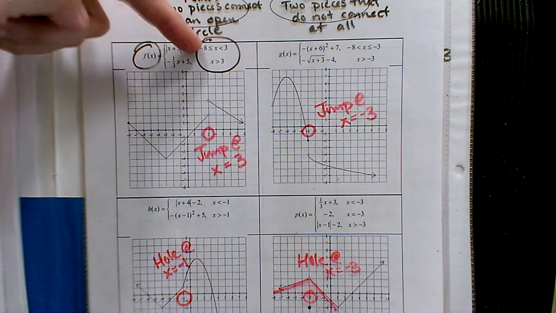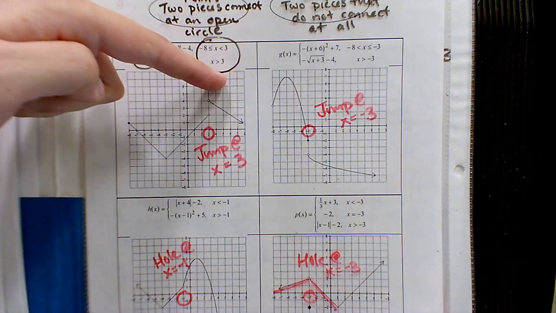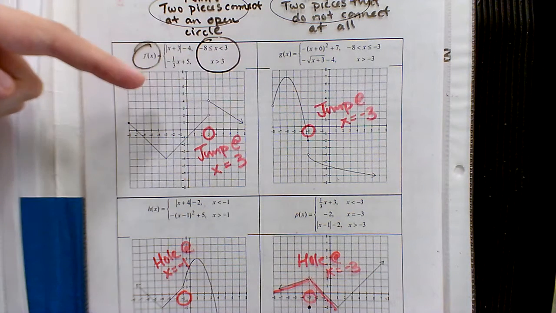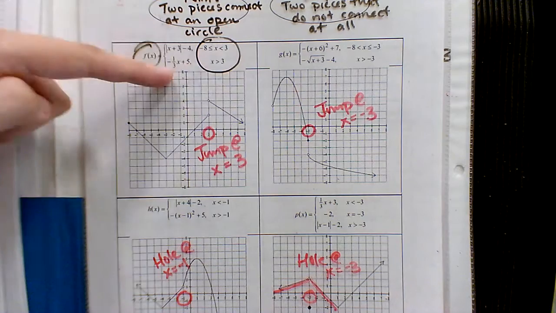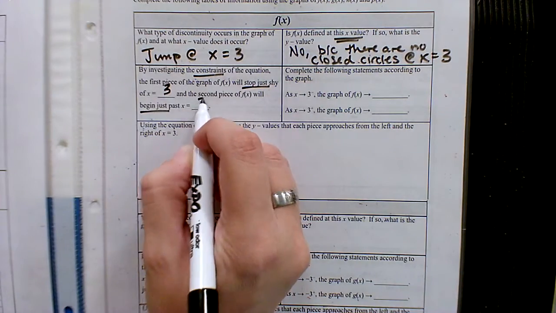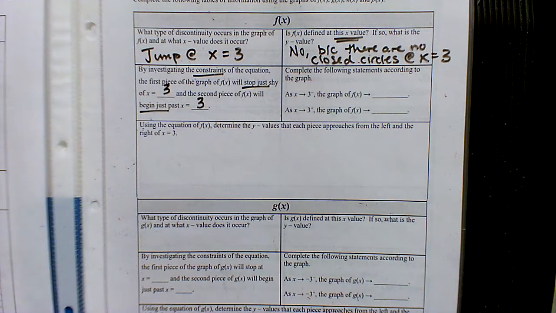The first equation goes from -8 to 3, and the second equation kind of starts at 3 and goes on forever. So the first one ends at 3, whereas the second one begins at 3. Notice how that's the interesting spot because that's where our jump was. Okay, where one equation's ending and the other one's beginning.